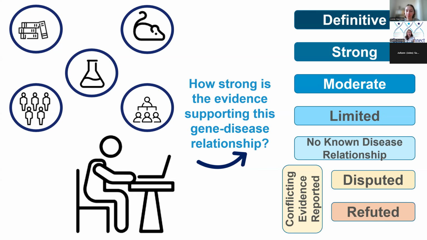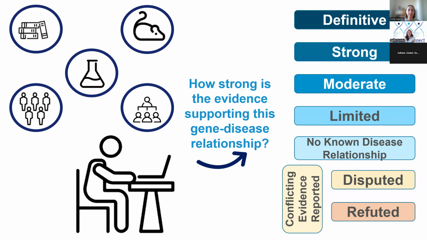So based on the available evidence, a classification is then assigned to describe the strength of the evidence for that gene-disease relationship. If a gene's role in disease has been demonstrated in the research and clinical setting and upheld over time, so over a number of years, that gene will likely reach what we would call definitive or strong, meaning it has a definitive or strong relationship to a certain health condition.